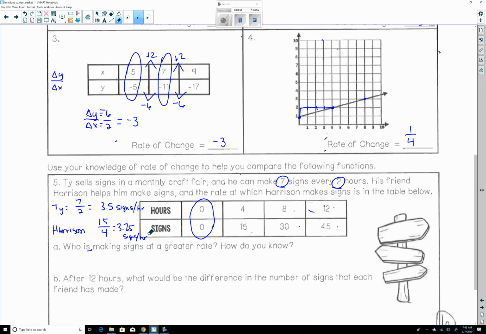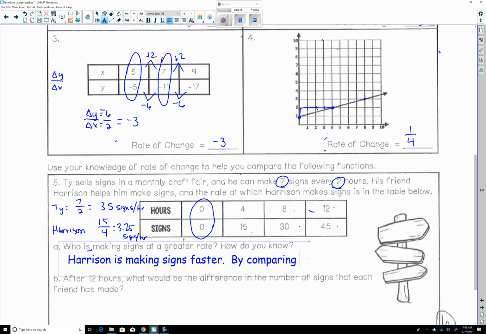So how do I answer the next question? Who is making signs at a greater rate, and how do you know? Well, Harrison is making signs faster by comparing the slope.